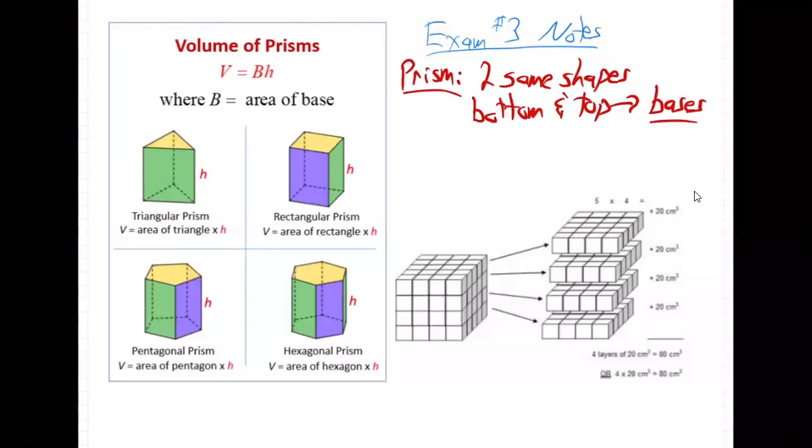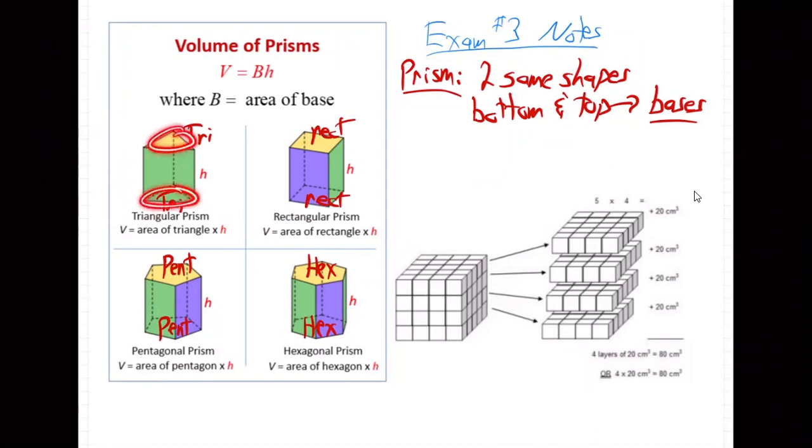So right here, this has a triangle on the top and a triangle on the bottom, or this one has a rectangle on the top and bottom, or this one has a pentagon on the top and a pentagon on the bottom. This one has a hexagon on the top and a hexagon on the bottom. So those are prisms, right?